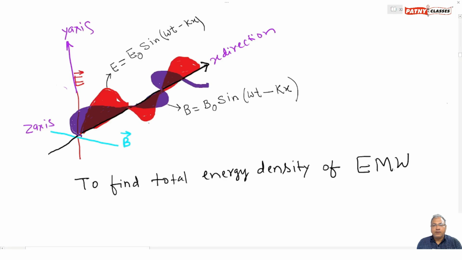For that, we need to find the energy density of the electric wave, and we have to find the energy density for the magnetic wave. That is, we have to find U suffix E, and for the magnetic wave U with suffix B. That is the energy density for the magnetic wave, and UE is the energy density for the electric wave.